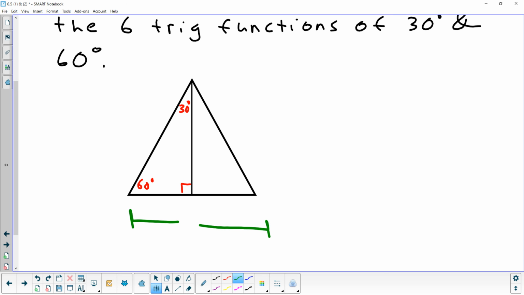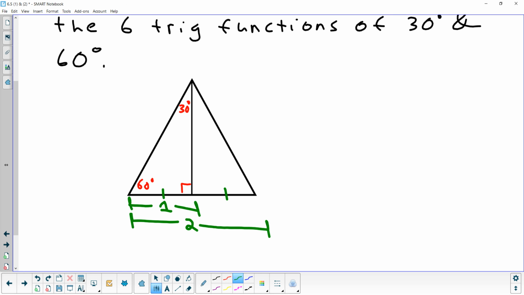I mean, it could be any number, but keep in mind that this part and this part have to be the same. So I'd like to avoid a number with decimals if I could. Yep. 2. 2 would be a good number, because that's going to be half of it, or 1. I mean, if you did 3, that would have been fine, but then you would have made the other side 1.5.